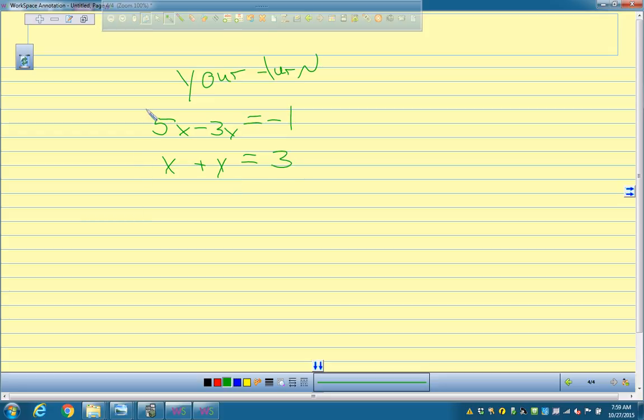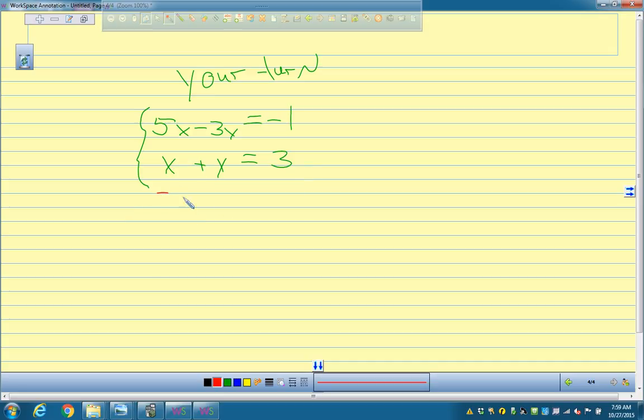Now, what I'm going to do for you first, see how it's not set up so that you can plug something into something else. So what you have to do first is get one of the equations like y equals, so you can substitute, right? So what could I do to this equation to solve for y? I want to subtract x.